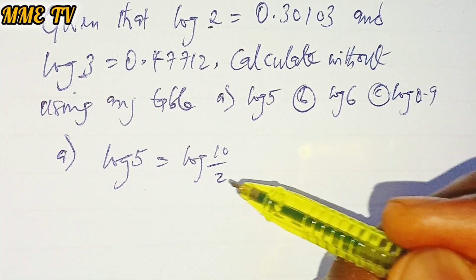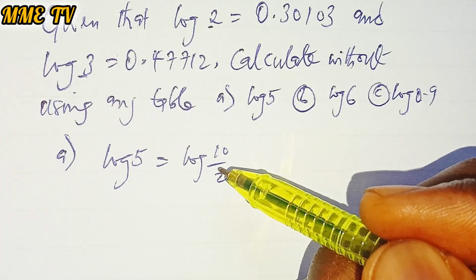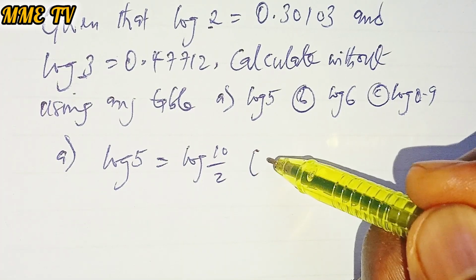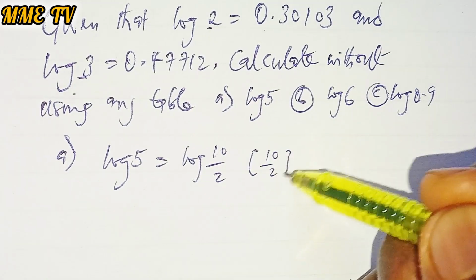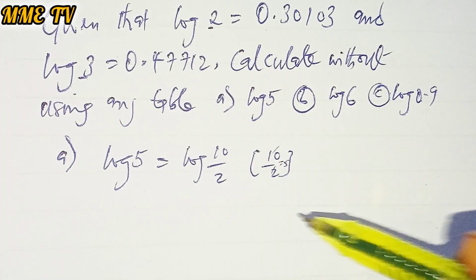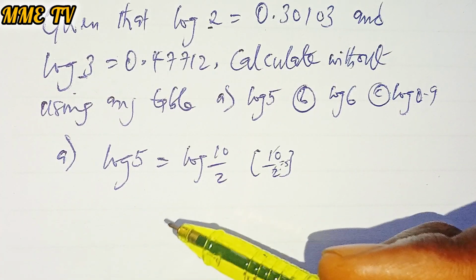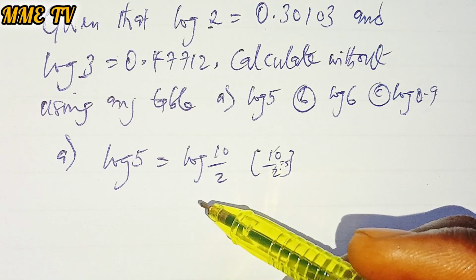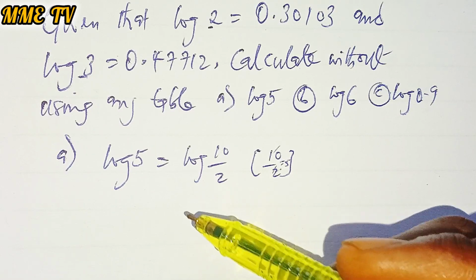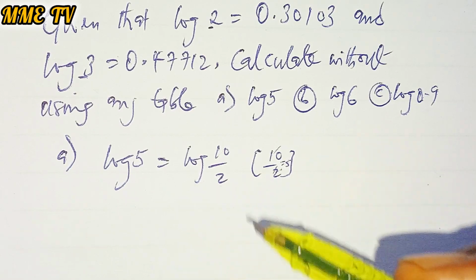Because when you have log 10 over 2, in a bracket, 10 over 2 is going to give us 5. You remember that? So this is the same thing as log 5, right? But you devising this means is for it to enable you to find the values of what you're looking for.